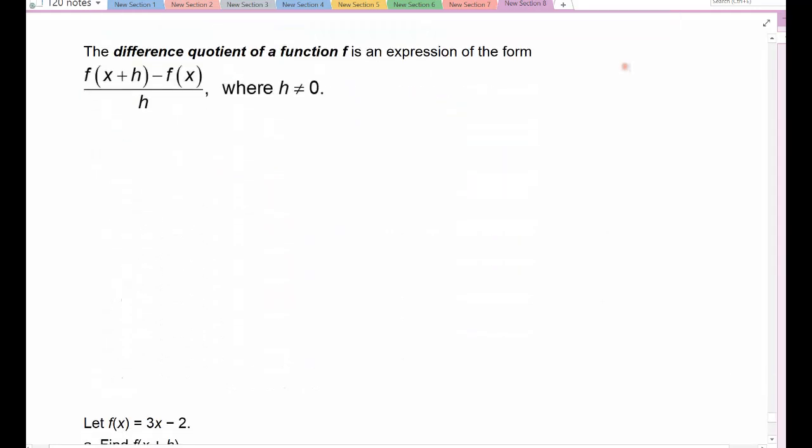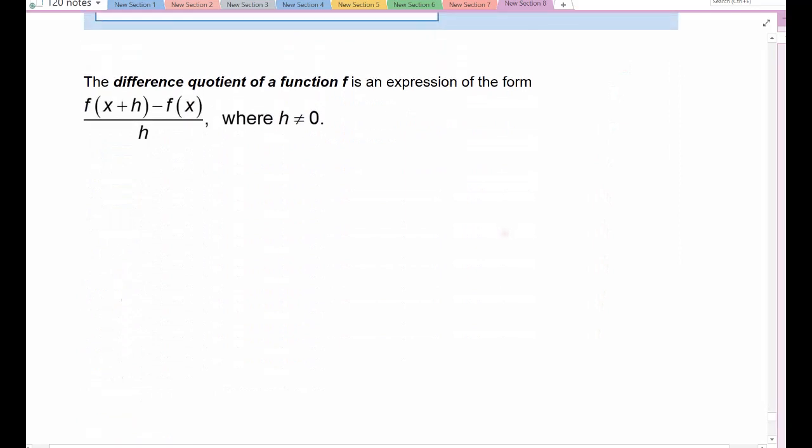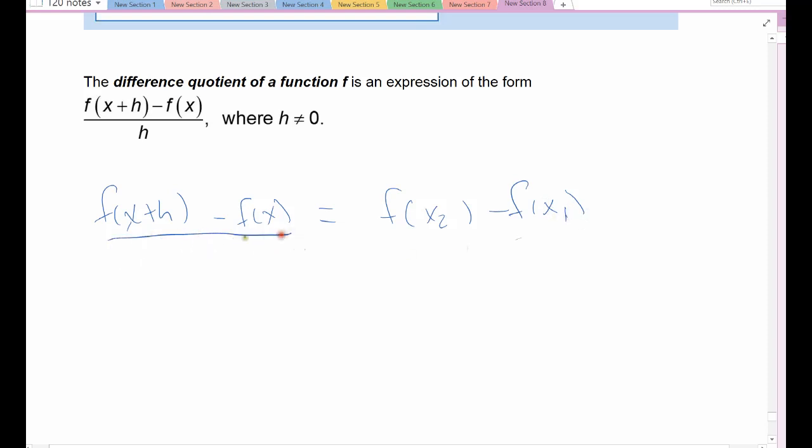Right, so the difference quotient is f of x plus h minus f of x, all over h. Again, f of x plus h is the hard part, minus f of x. That's the same as f of x2 minus f of x1 in our previous rule, and then over h, well, that h would have been the x2 minus the x1.